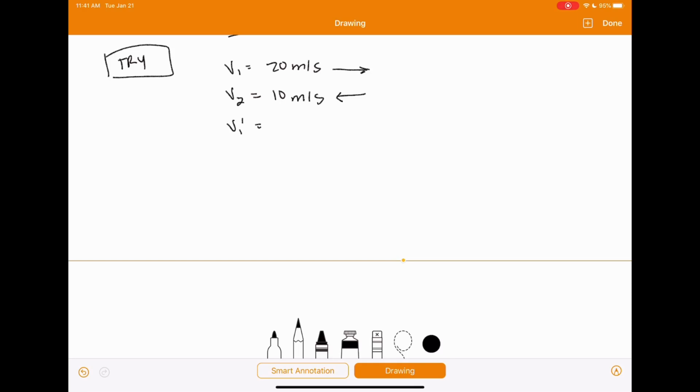V1 prime is going to be 7 meters per second this way, and V2 prime is now 9 meters per second that way. Go ahead and find that coefficient of restitution.